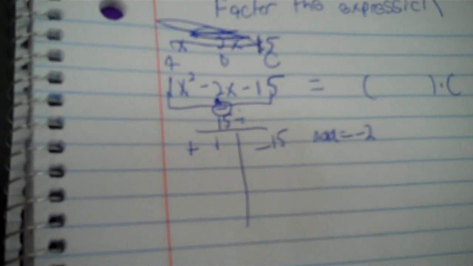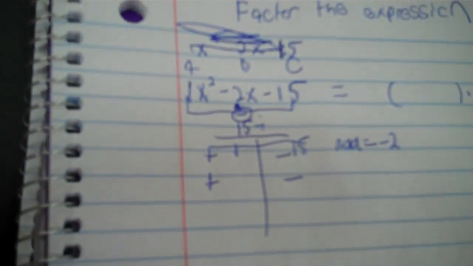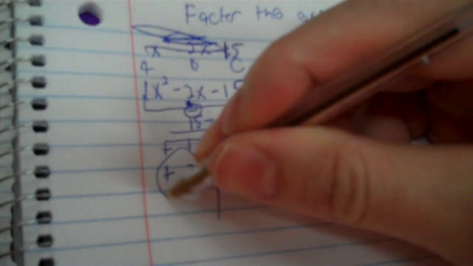But 1 plus negative 15 is not negative 2. If I divide 15 by 2, I get a decimal, so we don't put 2. If I divide 15 by 3, we get 5. So I'll put 3, 5. Okay, so 3 plus negative 5 is going to be negative 2, so I have my numbers right there.